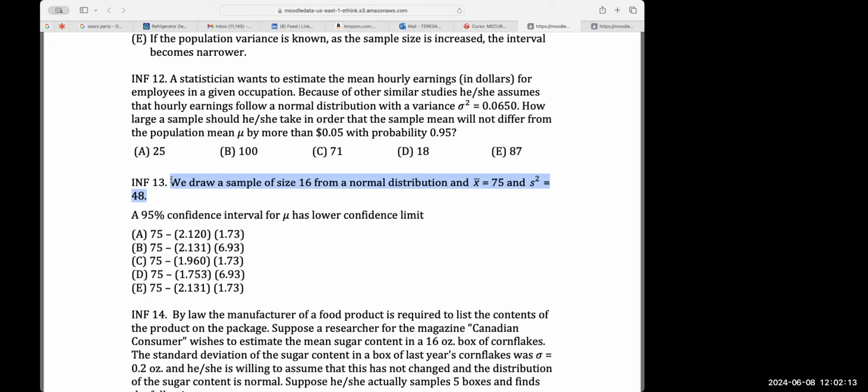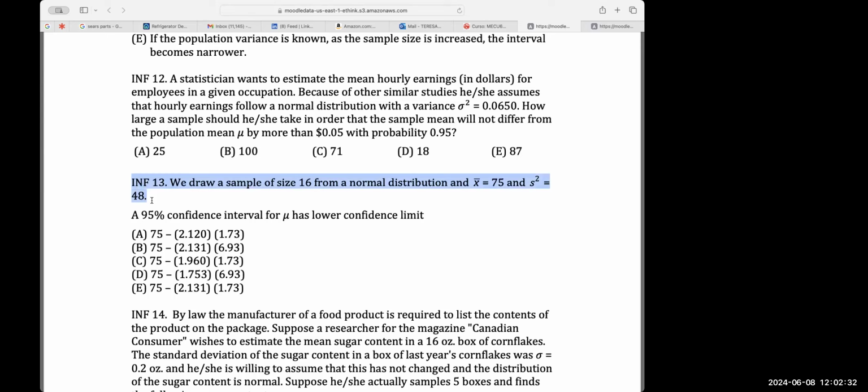You know it's not 4 because it's about X bar. It's about the mean, so it can't be 4. So the first step is knowing if it's a mean or a proportion. They give you X bar, so you know it's going to be 5 or 6.